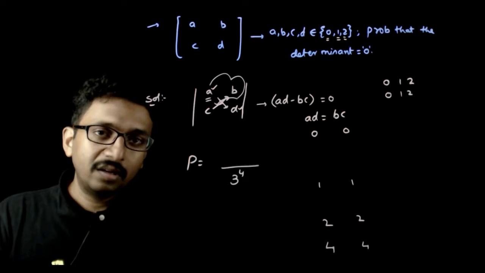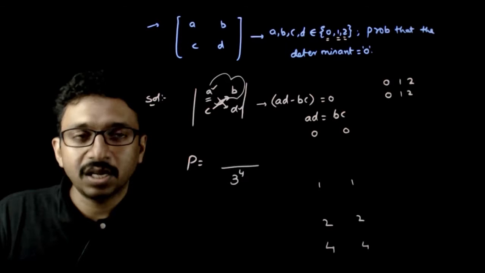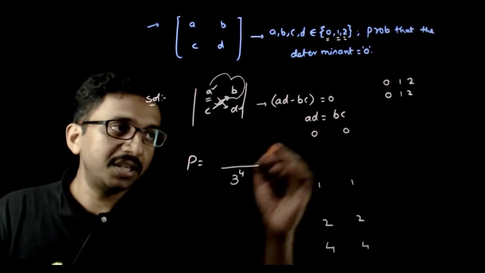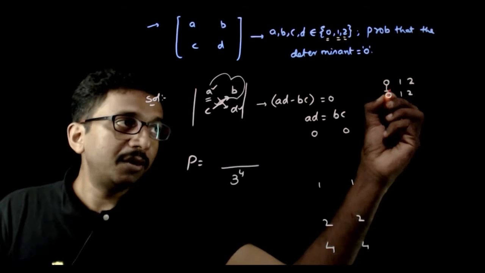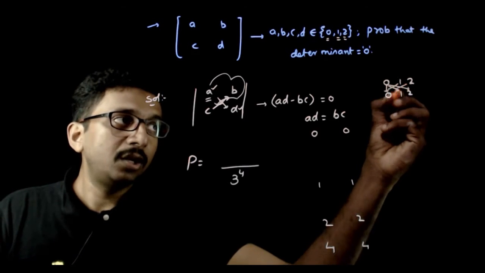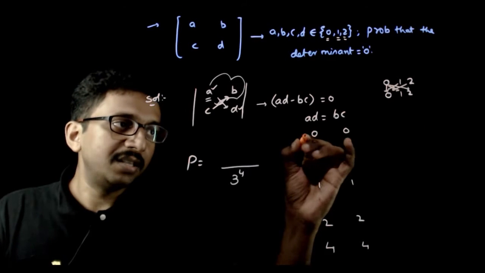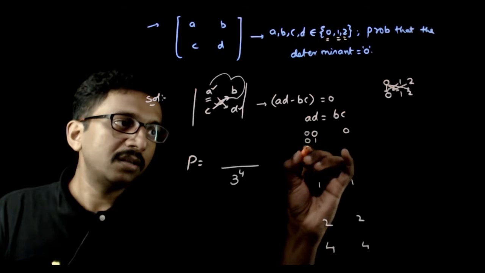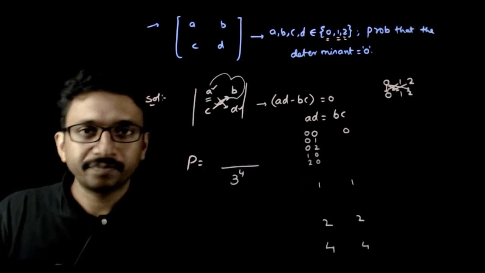Now, in how many ways can A into D be equal to 0? For the product to be 0: 0 into 0 is 0, 0 into 1, 0 into 2, 1 into 0, 2 into 0. We have 5 different ways in which the product is 0. That is 0, 0; 0, 1; 0, 2; 1, 0; 2, 0.